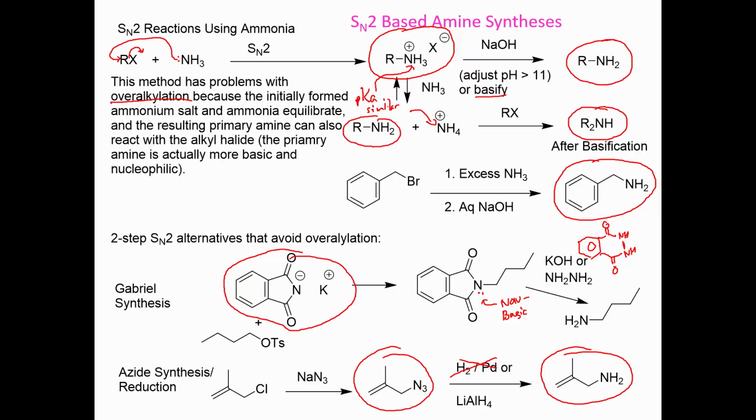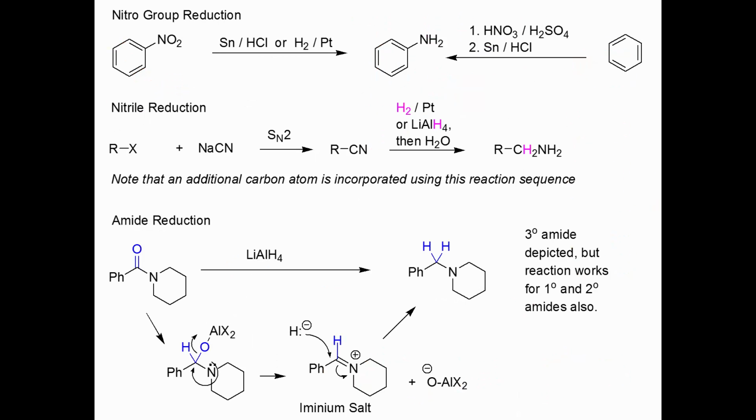But hydrogen and palladium or catalytic hydrogenation conditions do reduce azides to amines. So lithium aluminum hydride or catalytic hydrogenation will do the reduction. We can also reduce nitro groups.